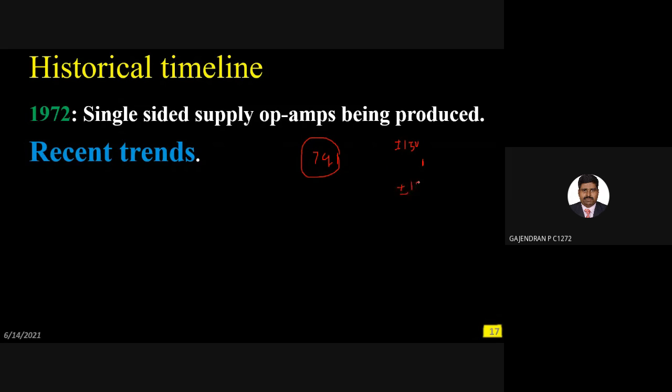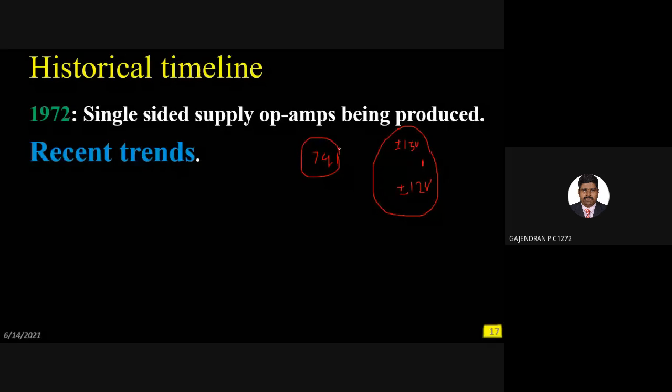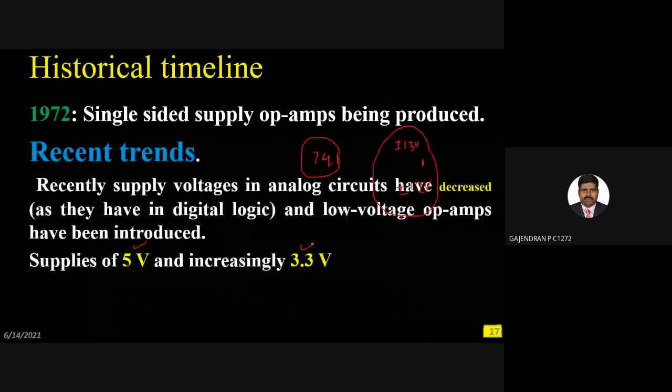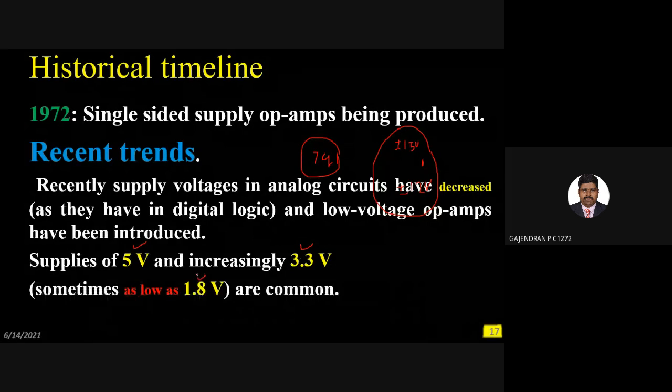These kinds of supply voltages we were using for 741. That was invented nearly in the 1960s. Nowadays, the supply voltage has been reduced to 5 volt or even 3.3 volt, or the latest nearly 1.8 volt. That is enough for an IC to operate.